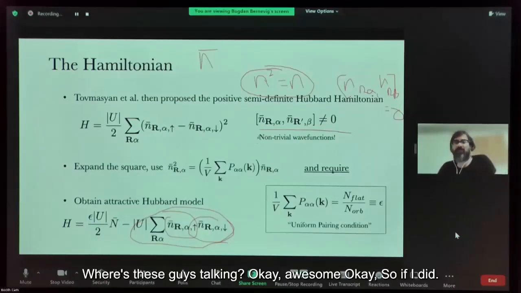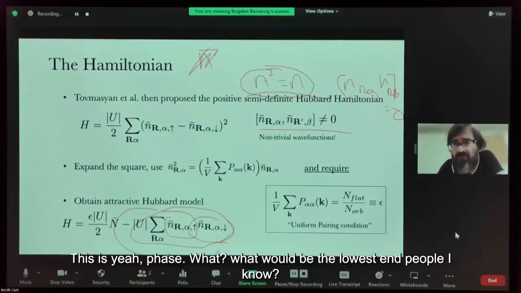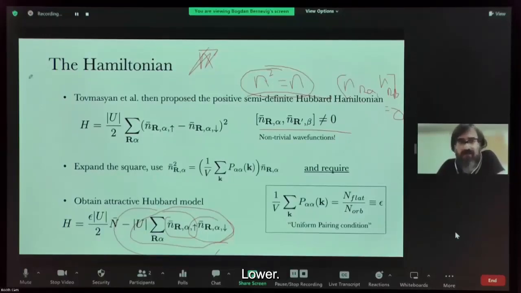So if I did this, if these didn't have the n bar, this would be a negative U Hubbard model. So what would be the lowest energy? Every site doubly occupied. You agree? So every site is doubly occupied, because I lower the energy.